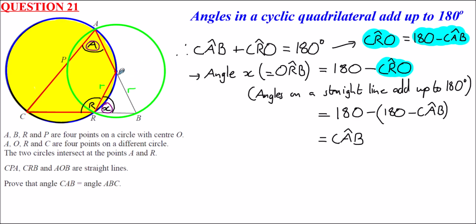So therefore, ORB is an isosceles triangle, and we should know that the base angles of an isosceles triangle are equal. And so if this one's X, this one over here will also be X.